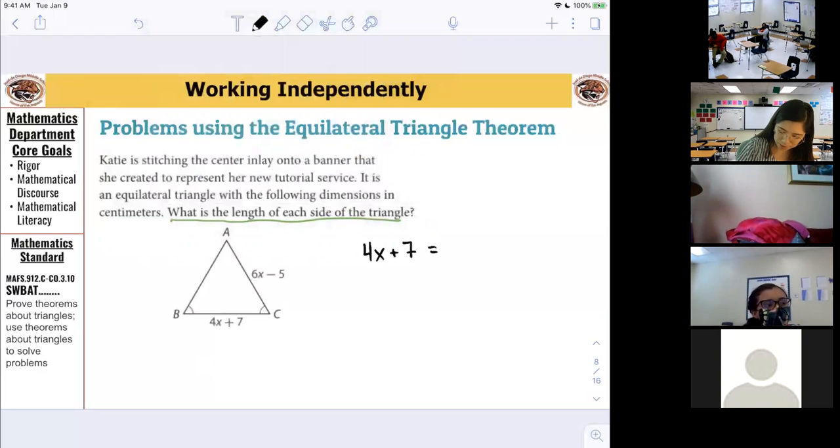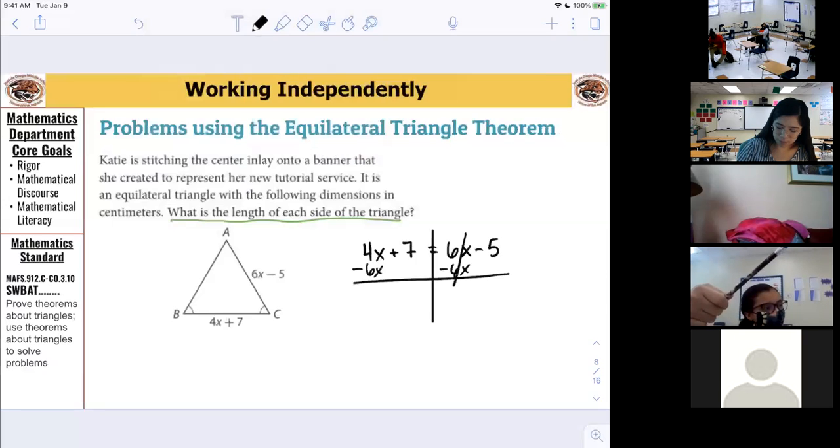Good, and you could also do it the opposite way. You'll still get the same answer. Okay, then you draw the line and then you subtract 6x. That cancels out. Negative 2x. Good.